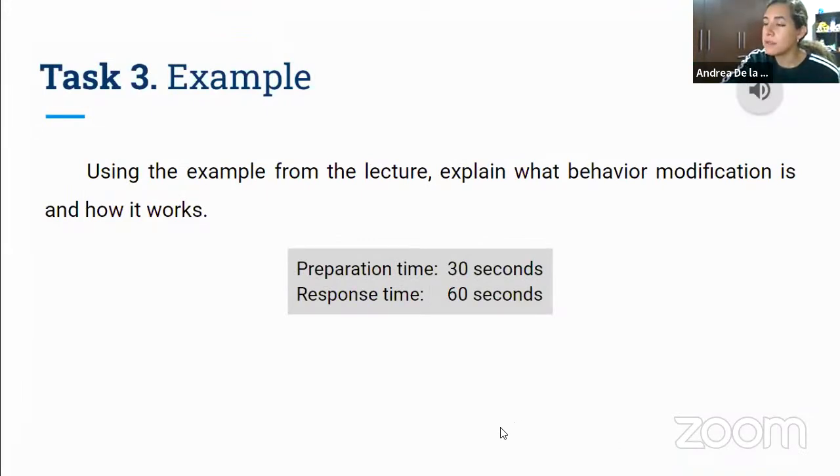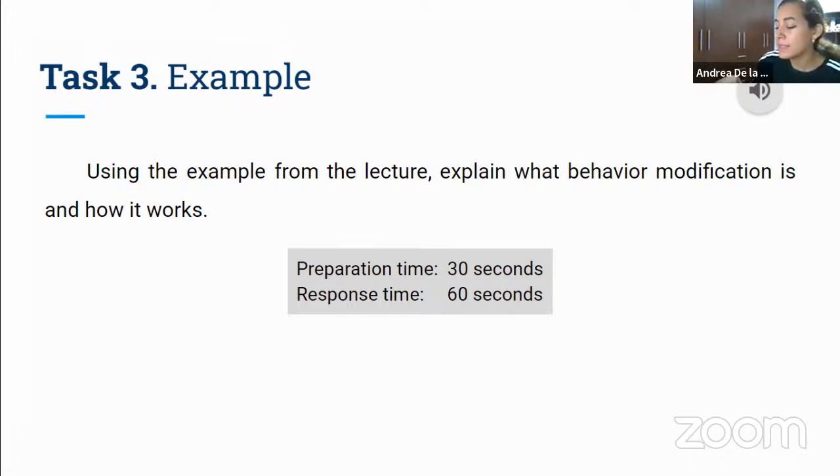Elizabeth, please, can you read the question I have on my screen? Using the example from the lecture, explain what behavior modification is and how it works. Okay, thank you, Elizabeth. So that is the question, right? I want you to pay attention to it. It doesn't say summarize the reading and summarize the lecture, right? What it says is what Carolina said, right?